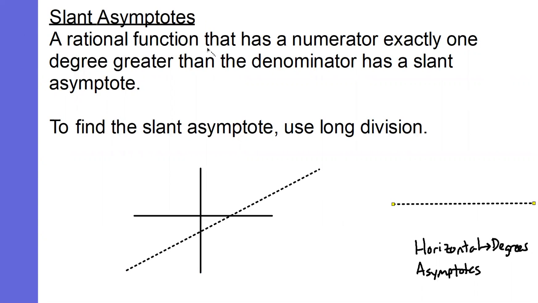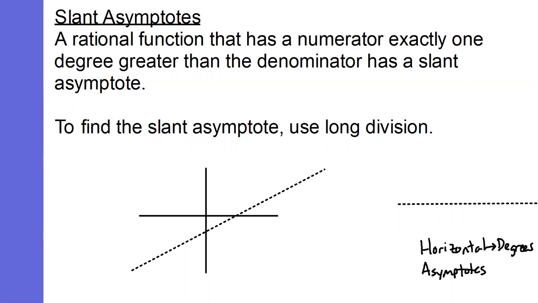A rational function that has a numerator exactly 1 degree greater than the denominator has a slant asymptote. Let me give you an example. Let's say up here I have x to the 4th plus x to the 3rd minus 2x squared minus 17. The degree of my numerator in that case would be 4.